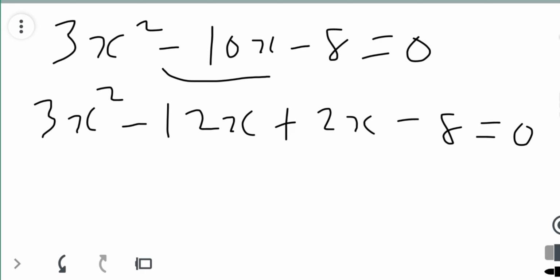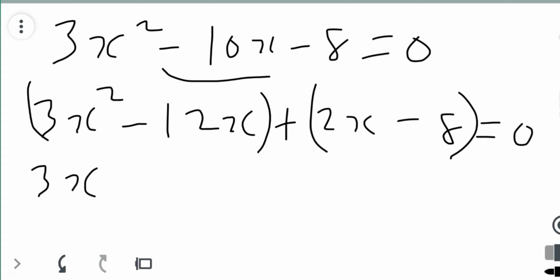If you look at these two numbers, minus 12x plus 2x, you'll get minus 10x. So quickly, let's group those numbers. The common element here is 3. 3 is also common in 12. X is here, so we can have 3x. If you factorize 3x from 3x squared, we have x left.